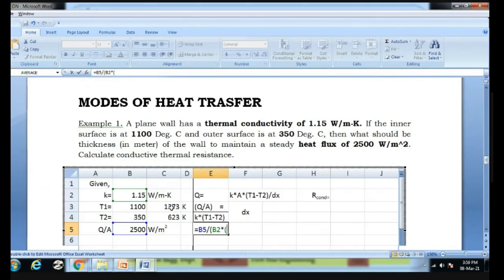What is the temperature difference? This is 1373 minus 623, bracket complete, and again one more bracket complete, and then you get 2.89. Is it correct?